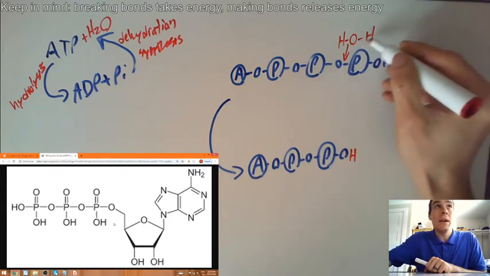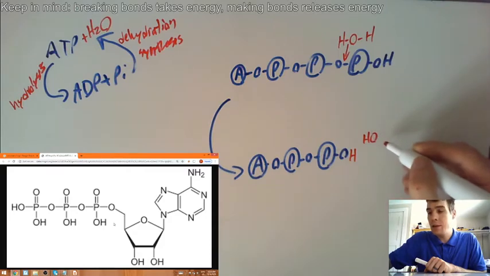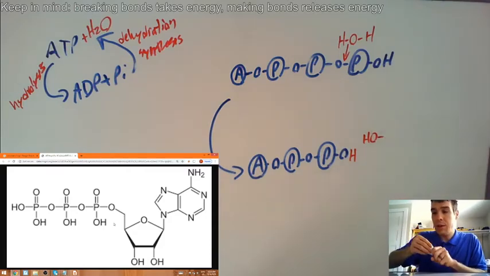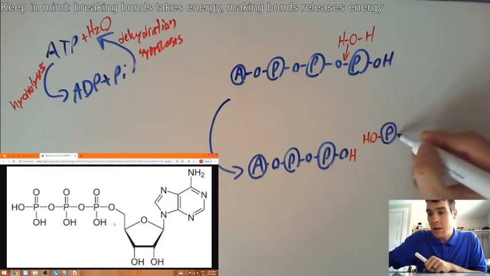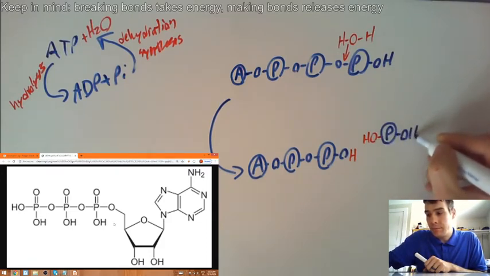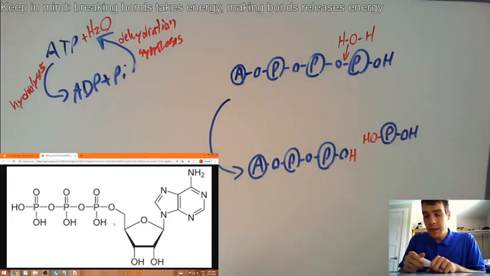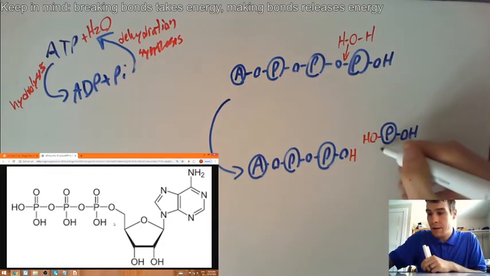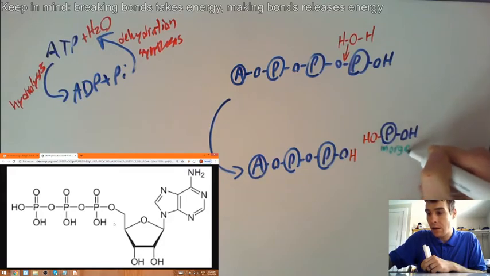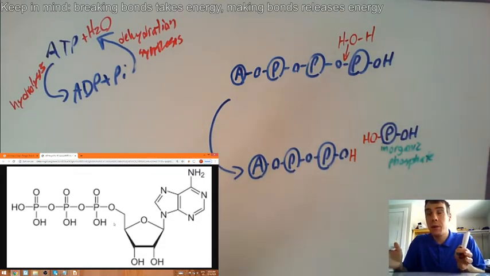So where does the OH go? Well, the OH that was left over is going to attach to where that old phosphate used to be, P. It's going to attach to that old phosphate. And we call this guy an inorganic phosphate. It's inorganic because it's not attached to a carbon thing anymore.